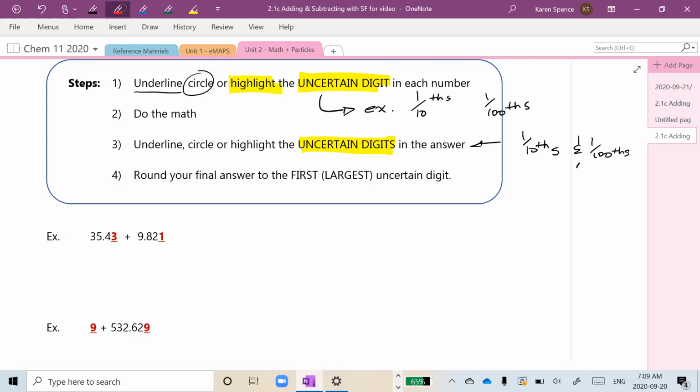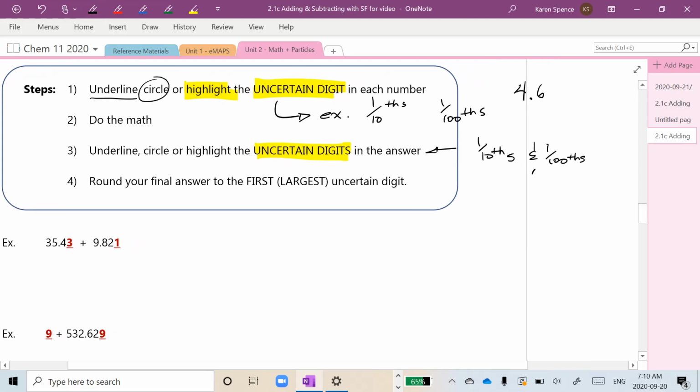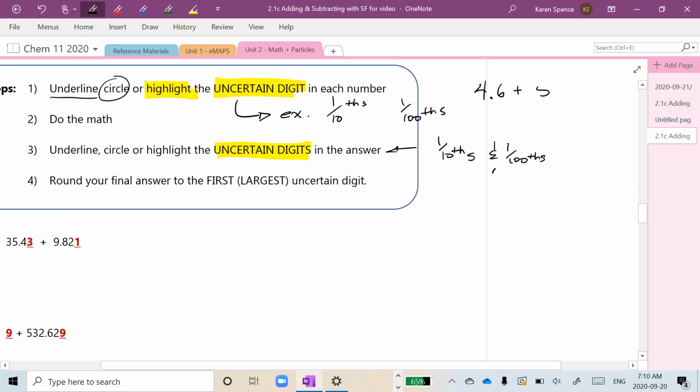Okay, so you might have 4.6, and you might be adding to it 5.18. And if you add those two, what you have to do first is highlight the uncertain digits. So that's our last digit in each of those measurements.